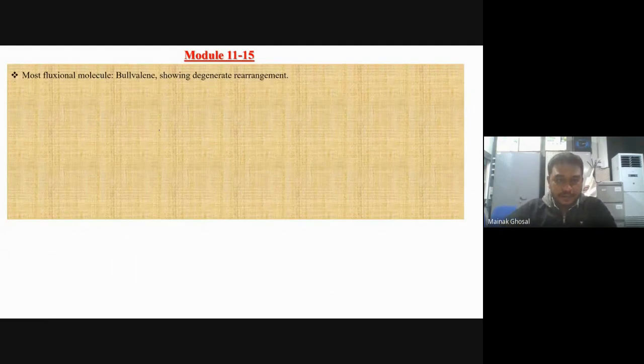So coming to the next point, talking about Bullvalene, most fluxional molecules show degenerate rearrangement. Professor Sankaranarayanan has explained about this. This is a degenerate rearrangement. Degenerate rearrangement tells you that upon rearrangement, one molecule goes to its own form.